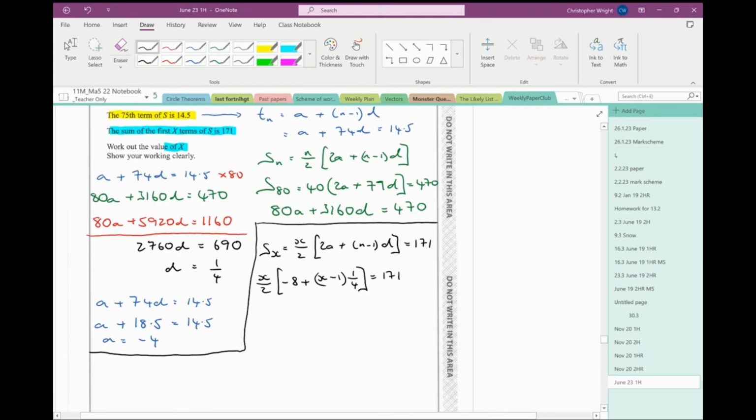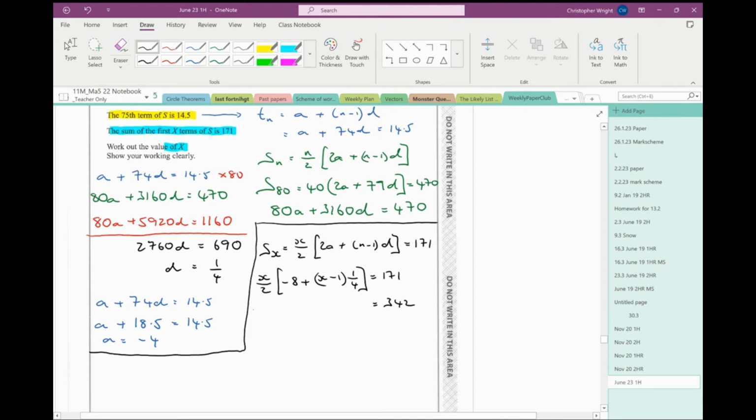All right. So having a look at that equation, I'm going to start by multiplying everything by 2. So I'm going to double the left-hand side, which just gets rid of the x over 2, and that just becomes an x now. And the right-hand side becomes 342. And I'll multiply out the bracket as well.